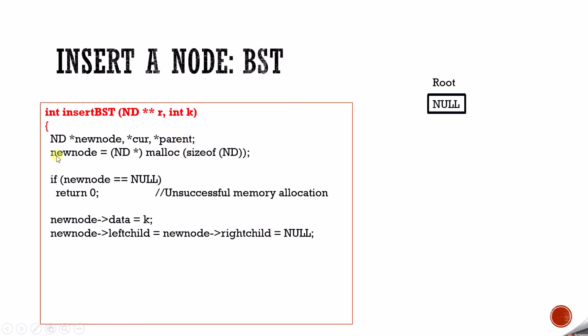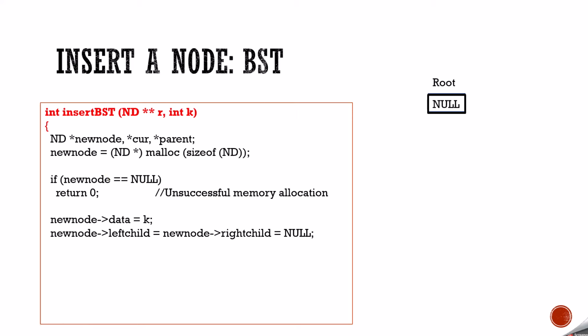Now, obviously, these are the routine statements that I have to use. That is, you have to create a node, as I have discussed. You have to use malloc, and it will return the address of the newly created node, which will be held by the pointer new node. And then we will check whether my memory allocation is successful.